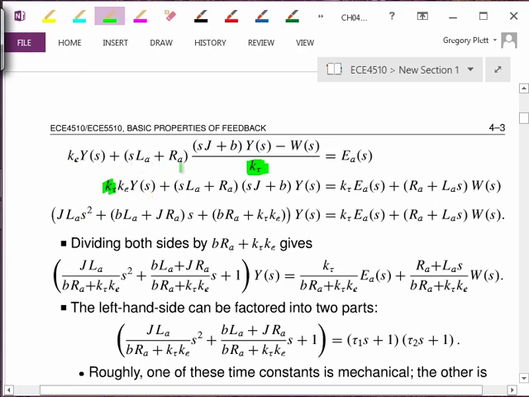And then I had an S LA plus R, S LA plus R. And then J S plus B times Y, J S plus B times Y. I also have this S times LA plus R times minus W, which I've rewritten instead on this side as plus S LA plus R all times W. And again, the K tau multiplied this EA term.